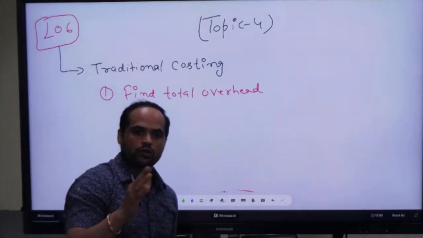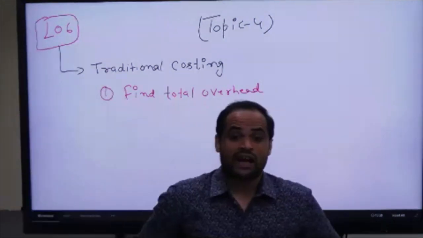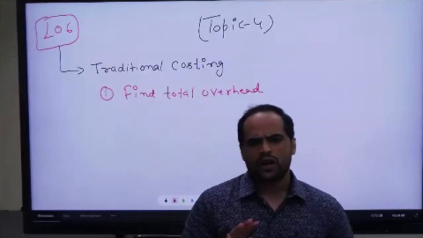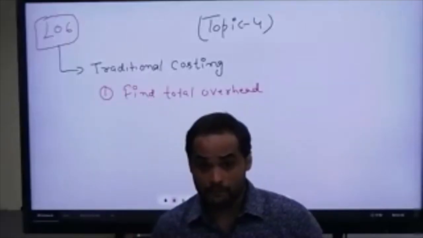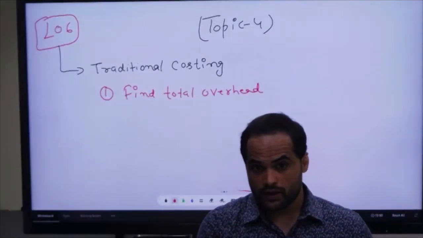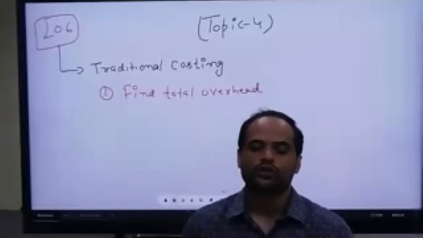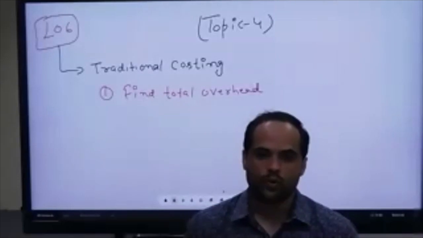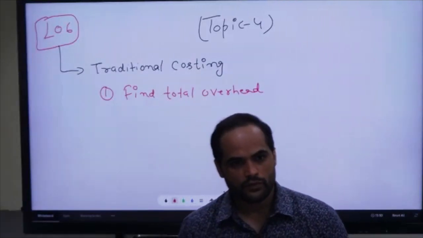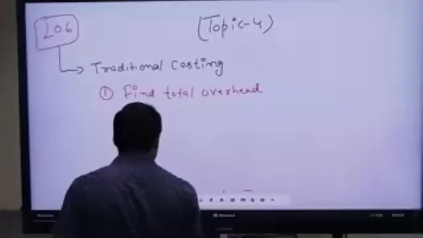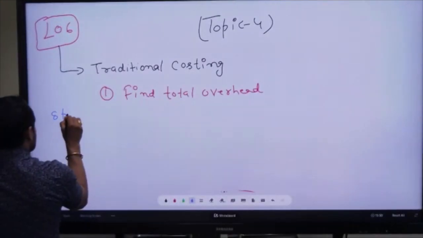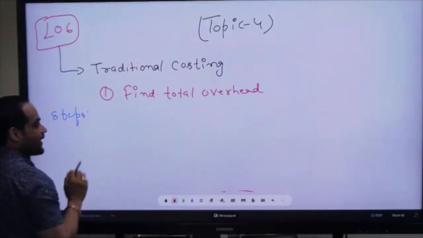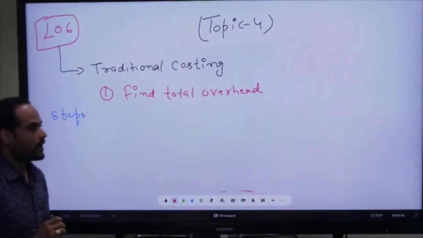You know how to find out total overheads: some overheads from the production department and some overheads from the service department. But again, you don't have to apply learning outcome 5 and then learning outcome 6. No, the total overhead cost is given in your question. You just pick it up from your question. So this is your step 1, right? Find total overheads.